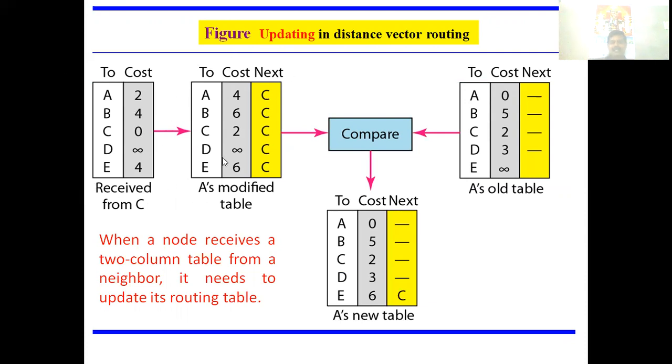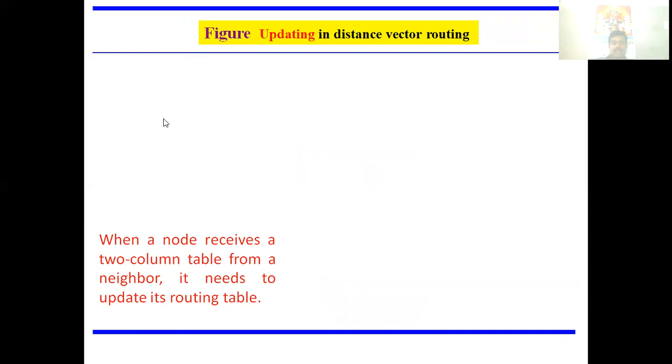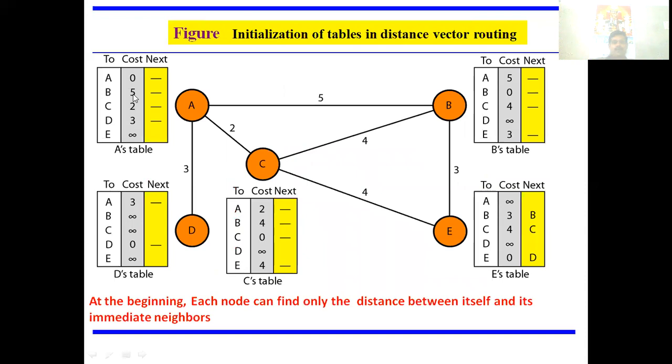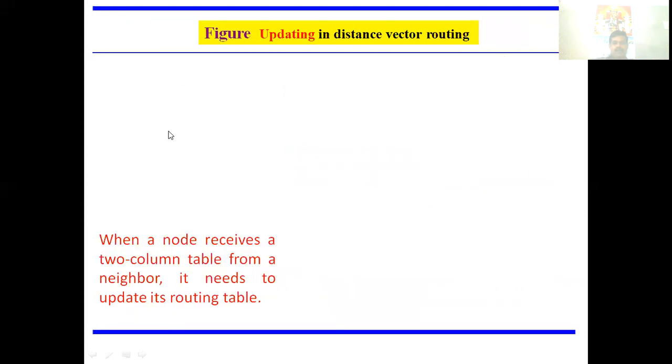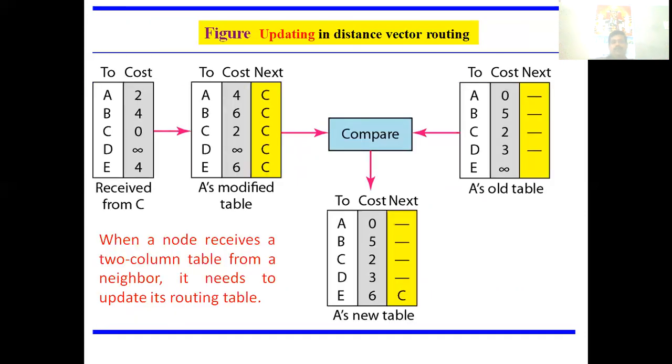What A is receiving from C. Initially, what is A's routing table? 0, 5, 2, 3 for A, B, C, D. So 5, 2, 3 is the initial value, the initial old table of A.